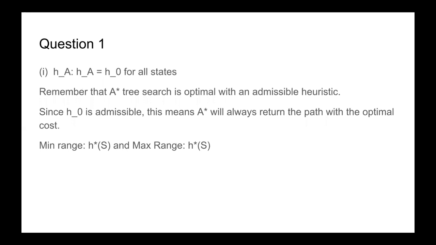Because we have set the true cost to be H star of S, where S is the start state, the cost of the path that A star returns will be the optimal cost. And so the min range and the max range are pretty much the optimal cost values.